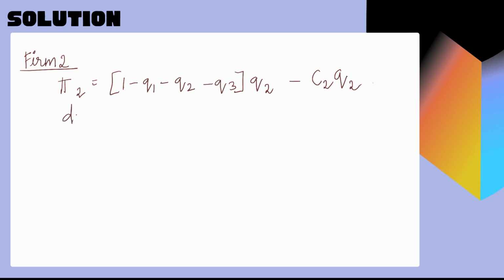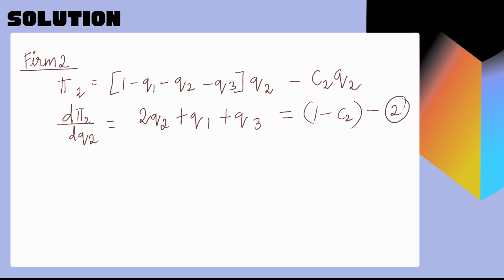When you take the derivative with respect to Q2, it would be 2Q2 plus Q1 plus Q3 is equal to 1 minus C2.